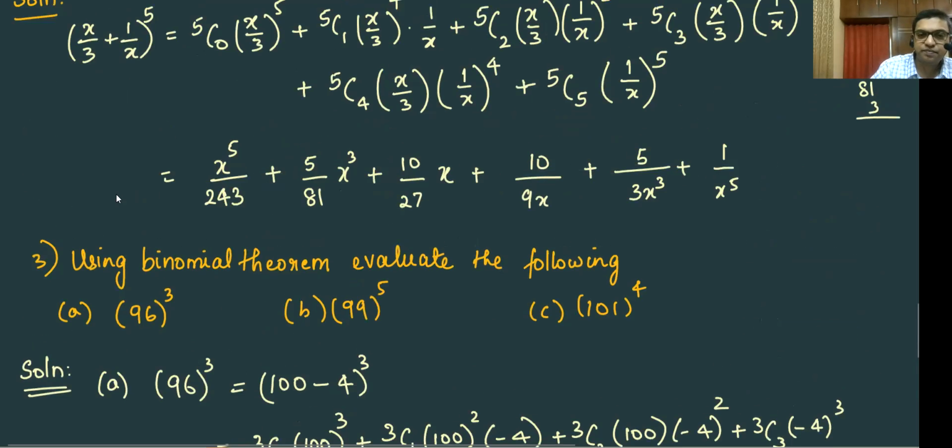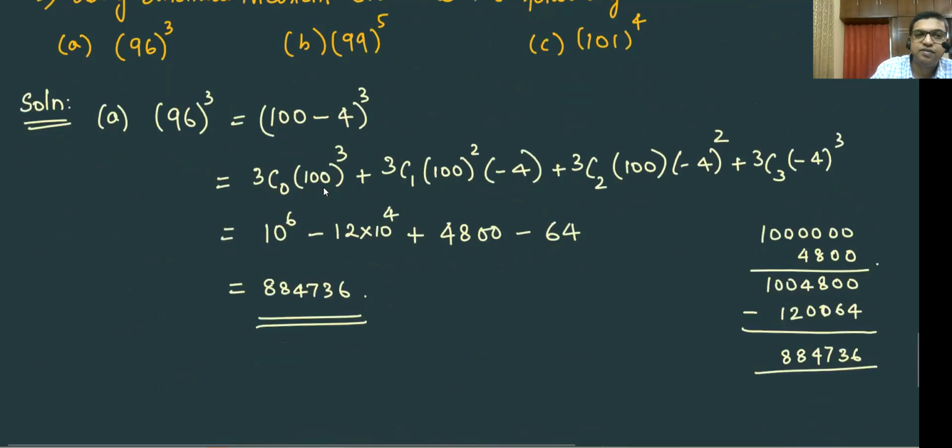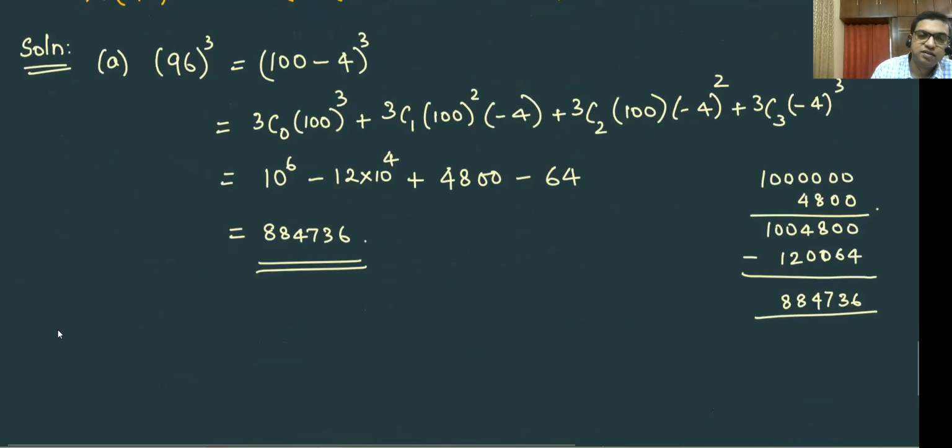Will you do the next one? 99 power 5, this is easier. Please do it and give me an answer. Exactly the same way: you will write 99 as 100 minus 1 whole power 5. Please do the calculation.